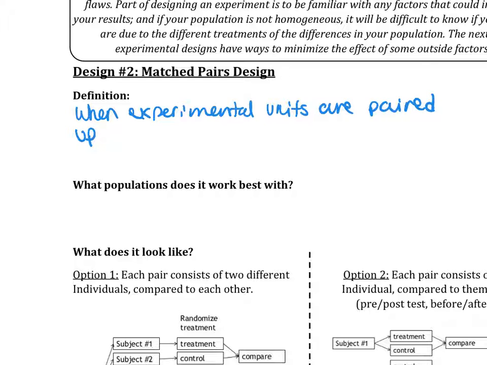And the way they are paired is by something that they have in common. So you compare two females together, two males together, or anything that you think could be a factor that could change your outcome. You would put two people that have those similar factors in common. So paired by something in common.